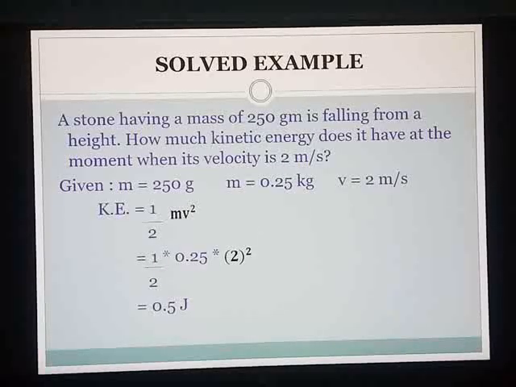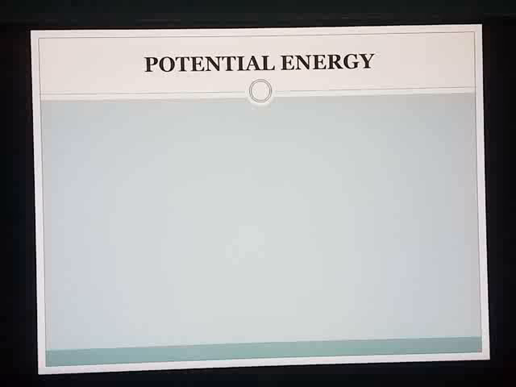Now, after we complete kinetic energy, we begin with our next form of mechanical energy, that is potential energy. Again, by referring to some examples, we are going to find out what is potential energy.